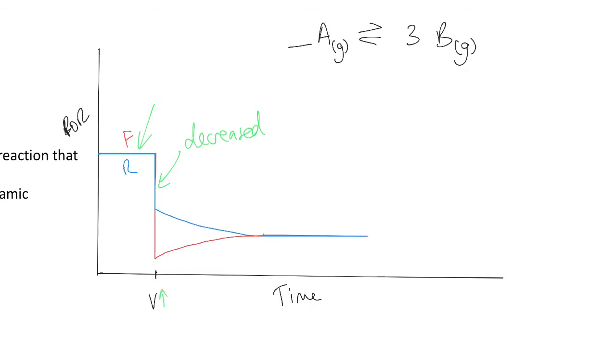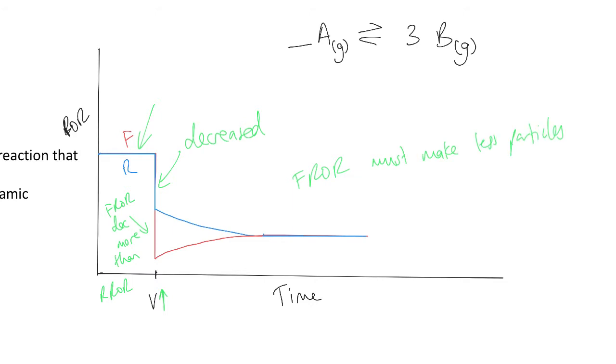That's a volume increase. Make more space, they'll collide less often, and therefore they will both decrease in rate. What we notice is that the forward rate of reaction decreases more than the reverse rate of reaction, which means that the forward reaction must make fewer particles.